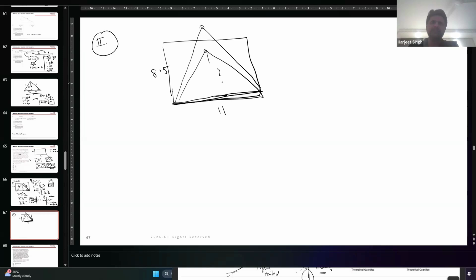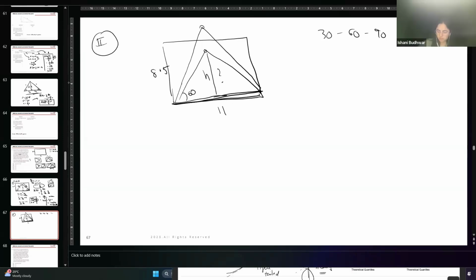Is it inside? Is it outside? Which means we need to work with the height, correct? Now we know that this triangle is split into a 30, 60, 90 triangle. We are doing this on a larger base of 11.